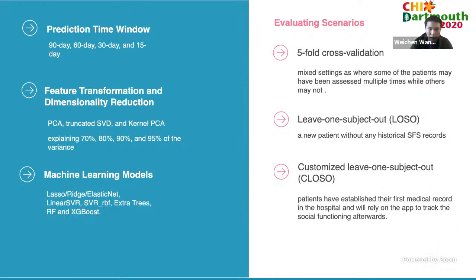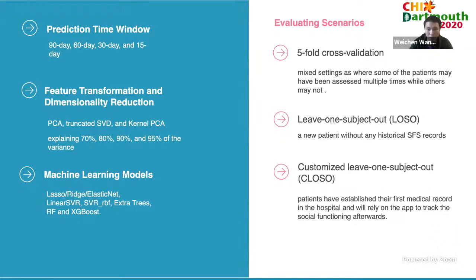Firstly, the 5-fold cross-validation can emulate a mixture of settings where some of the participants may have been assessed multiple times while others have not. And the leave one subject out emulates a new patient without any historical social functioning records.